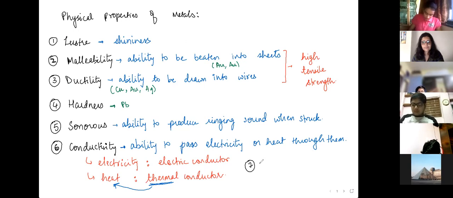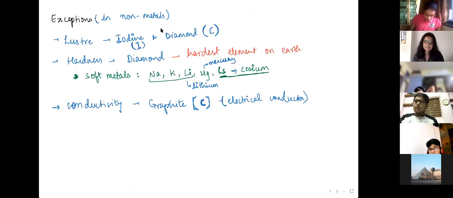Ma'am, mercury is liquid at room temperature. Yes. Melting point is high. There's another that comes just above, gallium. Dhruv, what did you say? Gallium. Gallium, yes, correct.